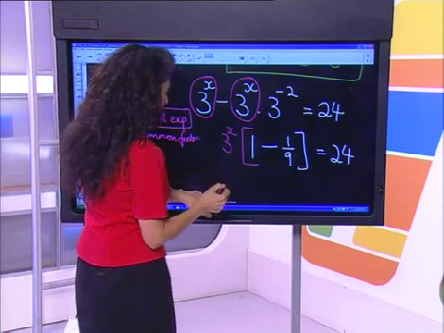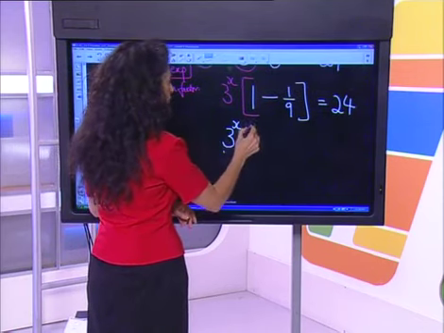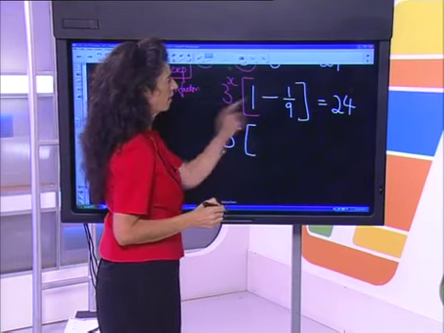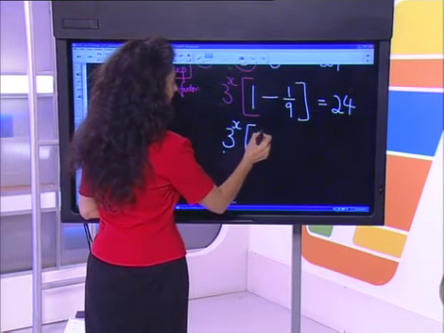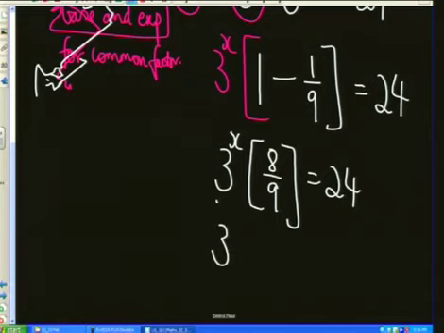Okay, so therefore, we've got a 3 to the x that we're multiplying by. A 1 minus a 9th would just be 8/9. And we've now got that that's equal to 24. What do we do with the 8/9? The 8/9 is being multiplied by 3 to the x. What do I do as an inverse operation? I would divide by 8/9 on both sides.